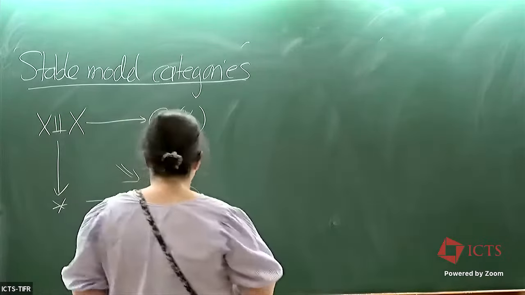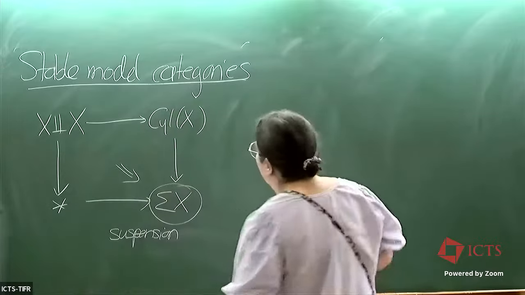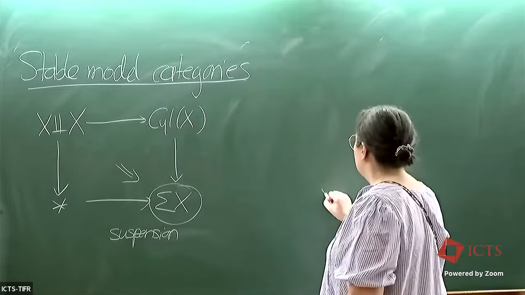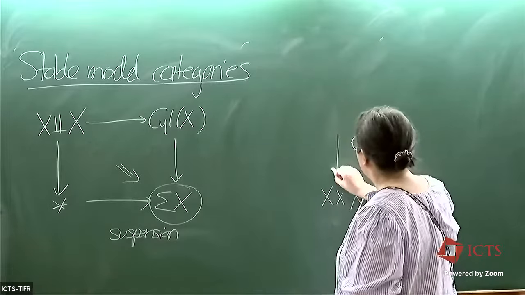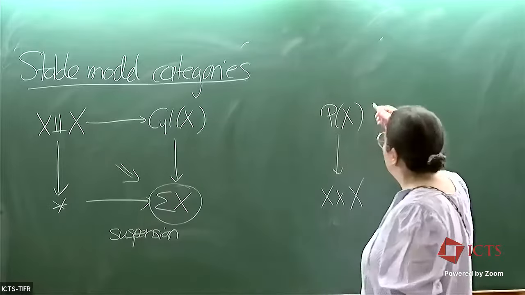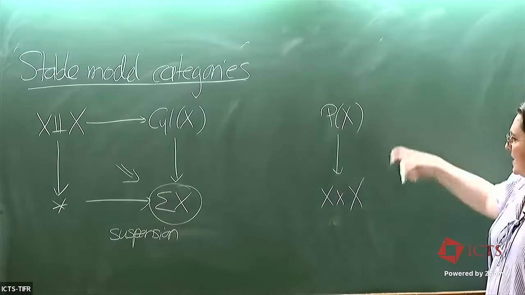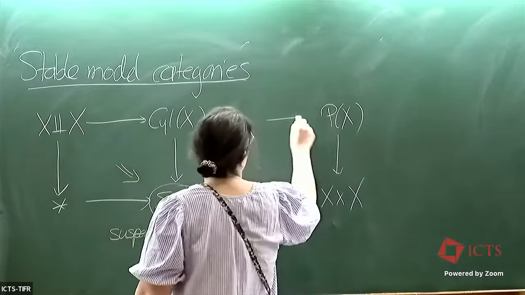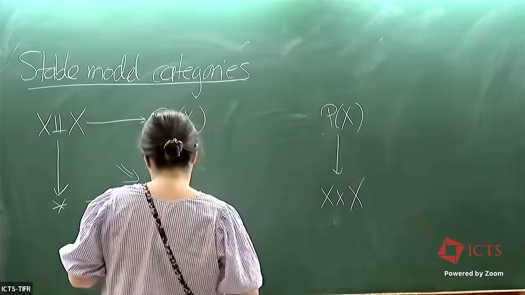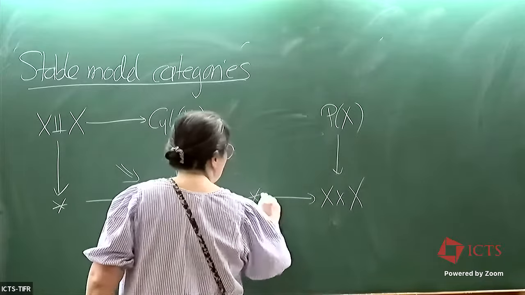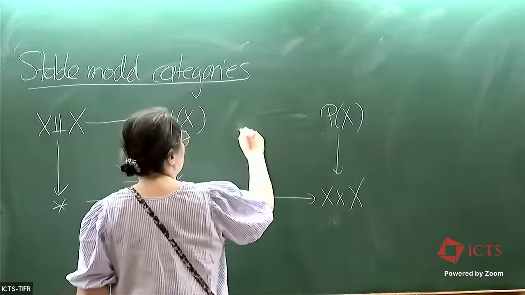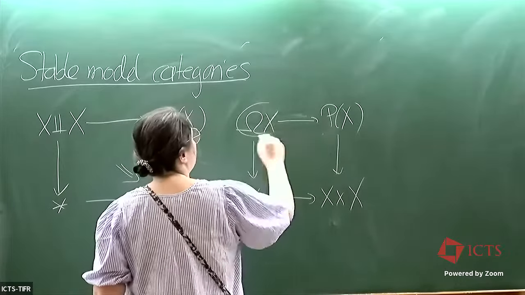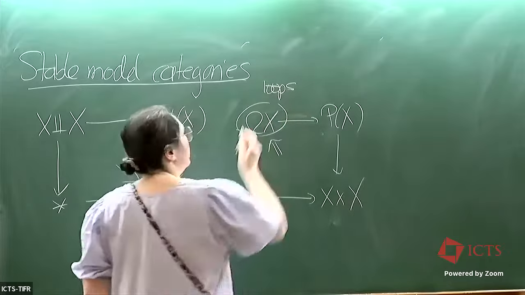And similarly, you can define a path object of a space dually by taking a map from a path object into the product. And then you're taking a pullback over the zero object, and that is going to be the loop object.